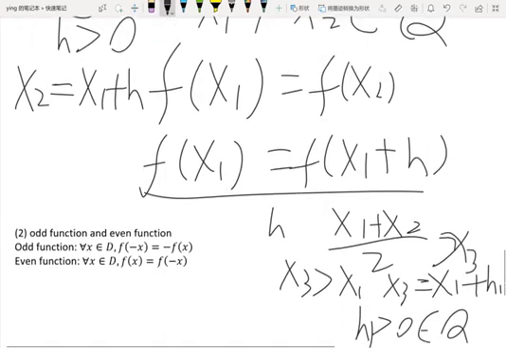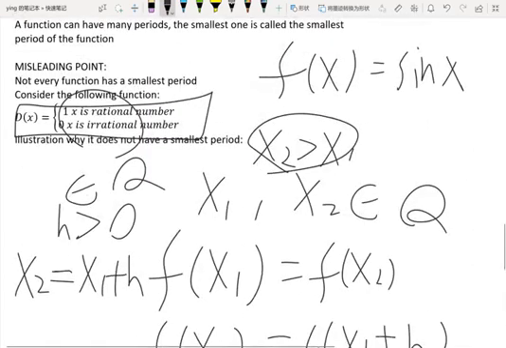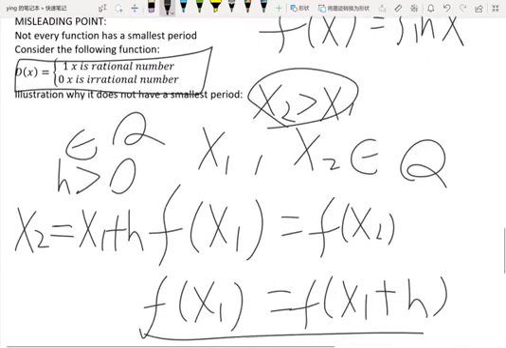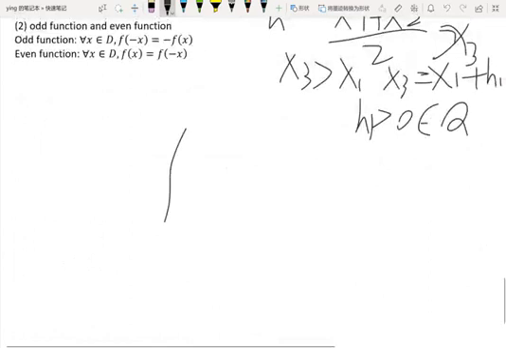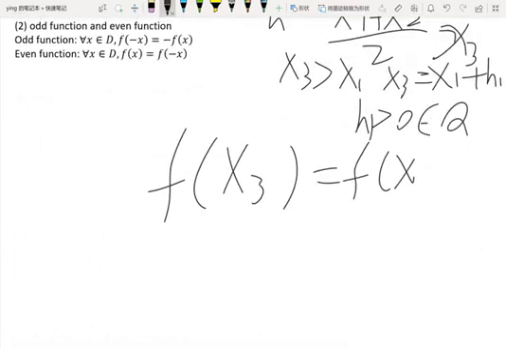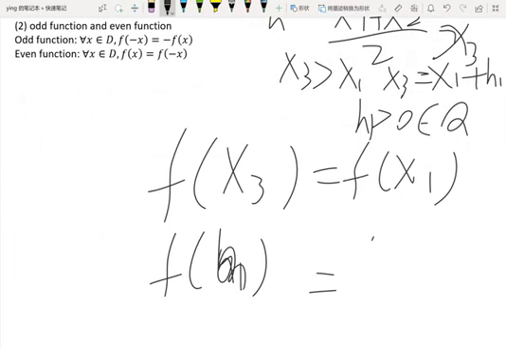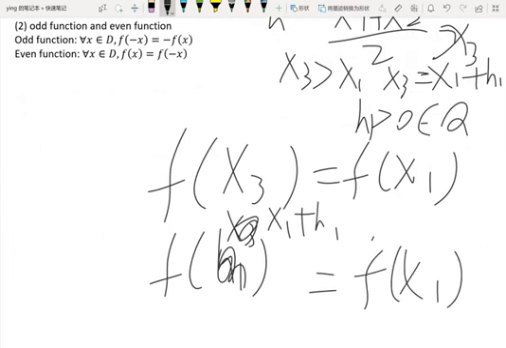So here we have, according to the definition, f(x3) equals f(x1). f(x1 + h1) should be f(x3), and f(x1) plus h1 should be f(x1). So this relationship also stands.